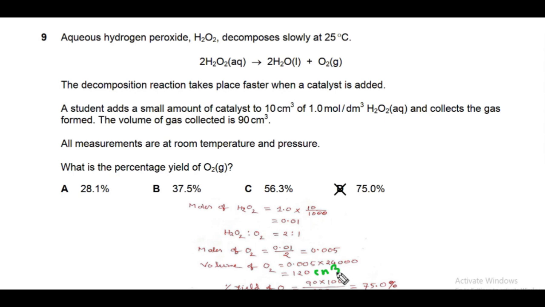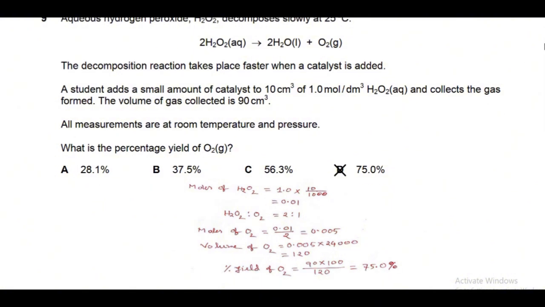This is the calculated volume. Percentage yield of oxygen is the actual or experimental volume, 90 cm³, divided by the calculated volume, 120 cm³, times 100. So you will get 75%. That's why this is the right answer.